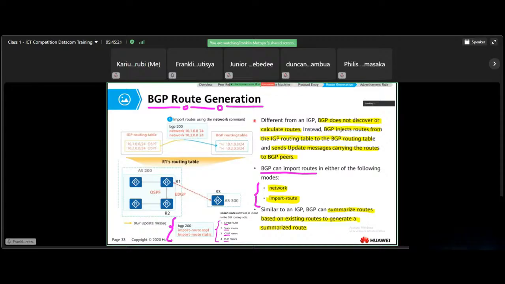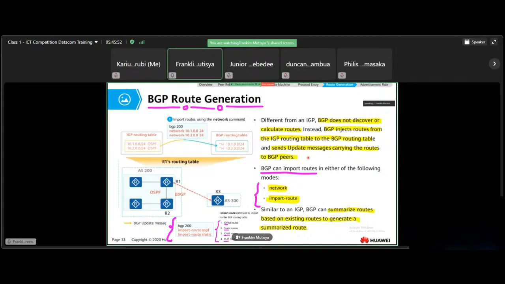We have seen that BGP adds these routes into the routing table. It downloads them from the IGP routing tables like OSPF and ISIS, and then adds them into the BGP routing table. For instance, if you have OSPF here, BGP adds these routes into its routing table.